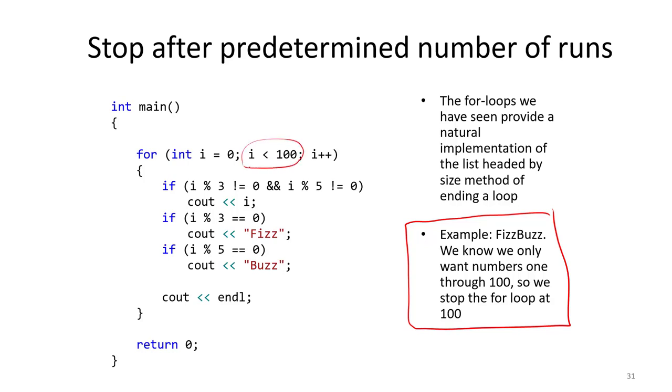So in this case, we can automatically stop once we have outputted all the desired numbers. And so for loops are really good at this because it's built into a for loop. A for loop is guaranteed to only run a predetermined number of times based on whatever you have put inside the for statement.